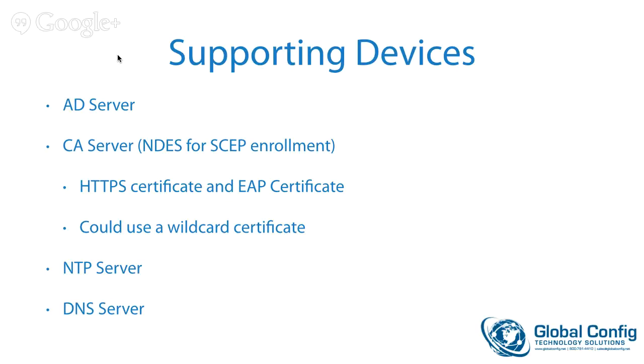You're also going to need the Network Device Enrollment Service, the SCEP enrollment, Simple Certificate Enrollment Protocol. Basically, you need to be able to support having ISE use like a proxy enrollment to go get a certificate for a BYOD user. And so that's why I pointed out here that we would want the NDES service installed on the CA server as well.